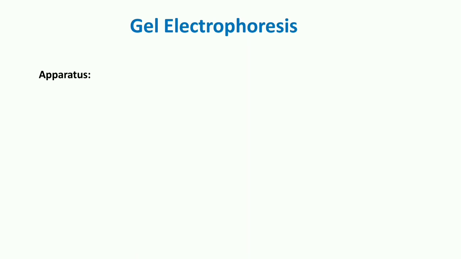So now let us move on to the apparatus as well as the procedure for gel electrophoresis. The electrophoresis unit mainly has a plastic buffer tank in which we keep the gel slab as well as the buffer. Next requirement is buffers.